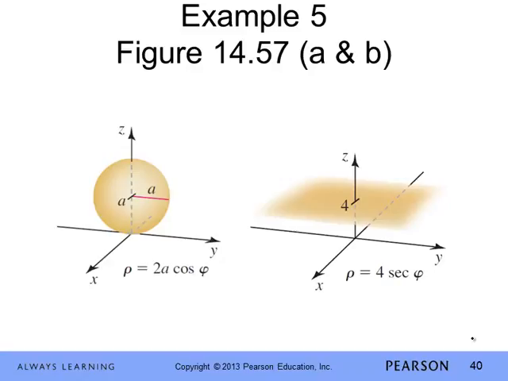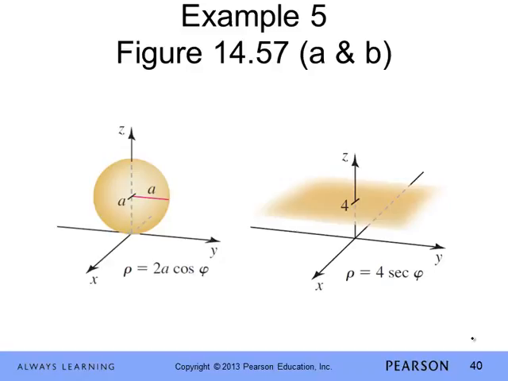Here, if you want your surface up here, this is the surface z equals 4. It's a lot simpler in rectangular and cylindrical coordinates. If you want your surface at 4 units above, we could write that as z equals 4. But remember the relationship between rho, phi, and z.